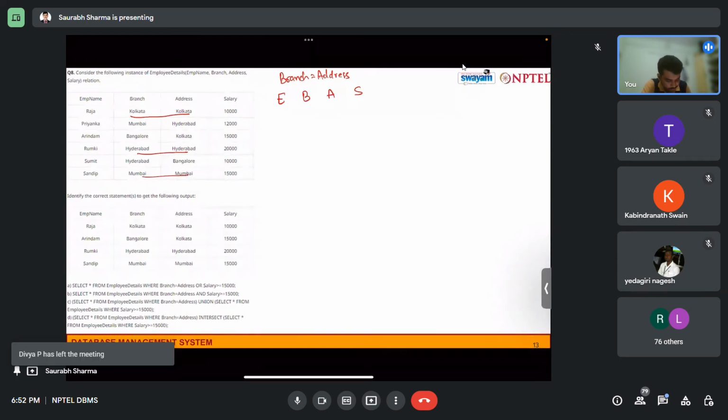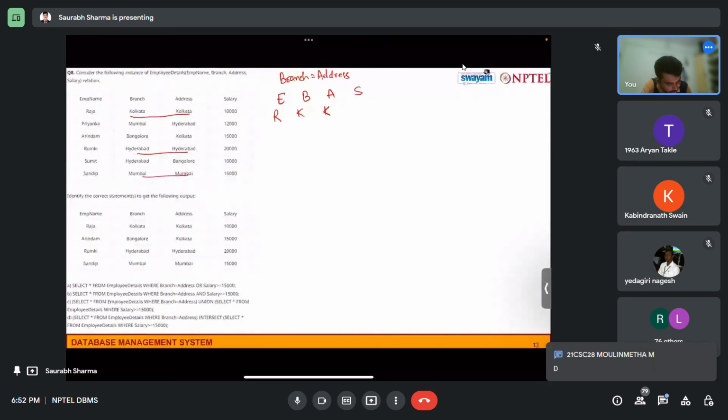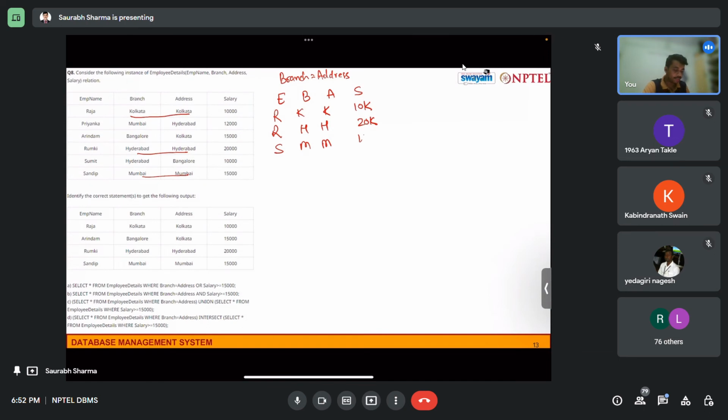Kolkata, Kolkata, then Hyderabad, Hyderabad, then Mumbai and Mumbai. So Raja, Kolkata, Kolkata, 10K; Roorkee, Hyderabad, Hyderabad, 20K; Sandeep, Mumbai, Mumbai, 15K.